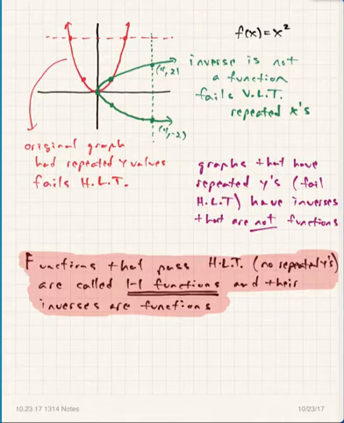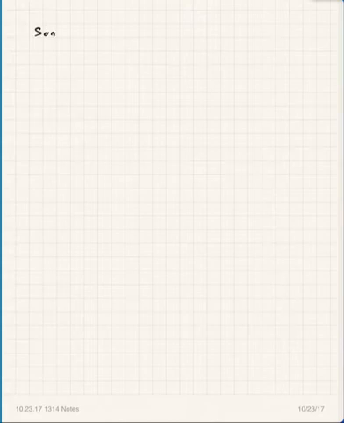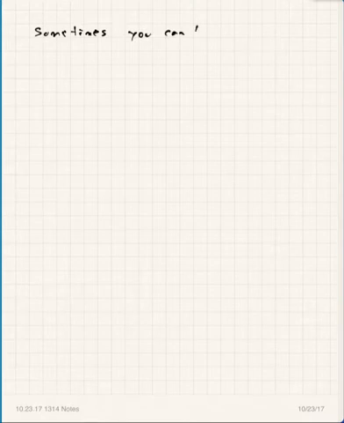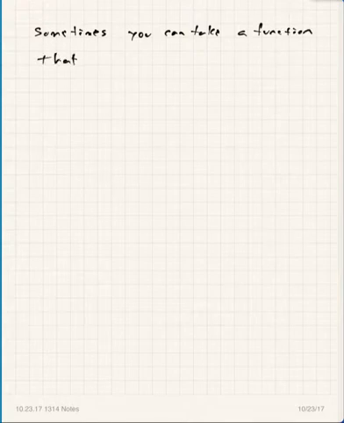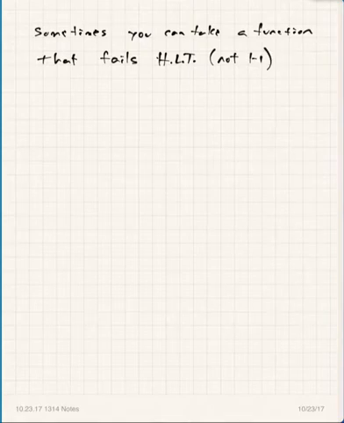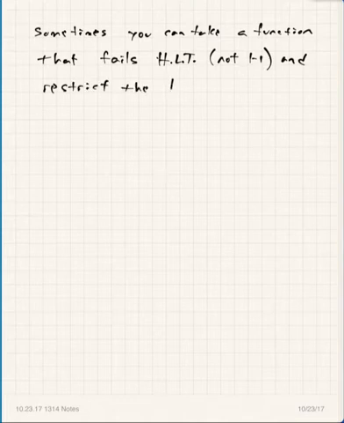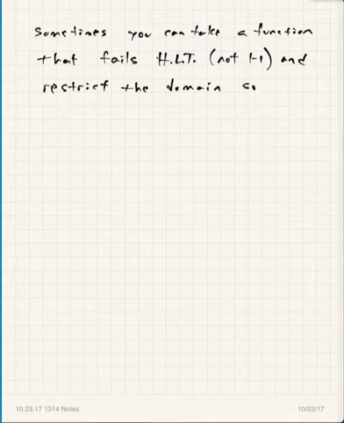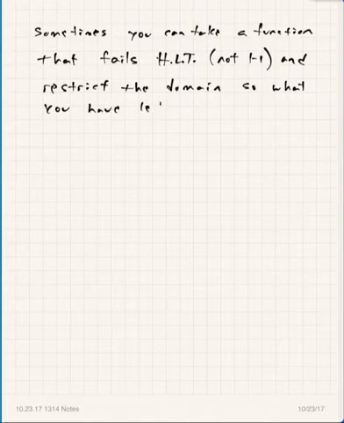Now, on the square function, sometimes you can take a function that fails the horizontal line test, in other words, not one-to-one, and restrict the domain so what you have left is one-to-one.